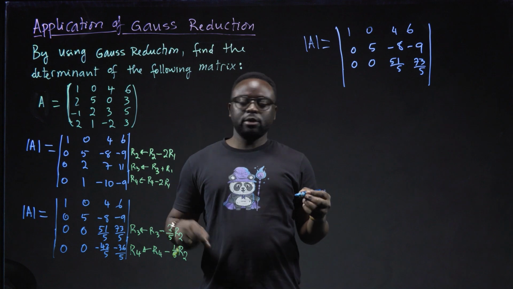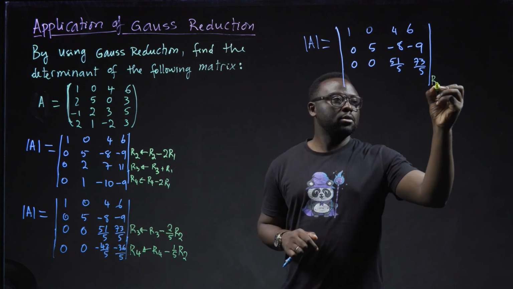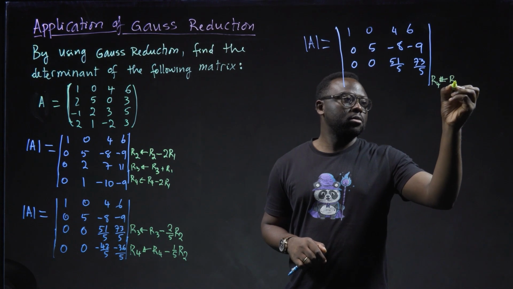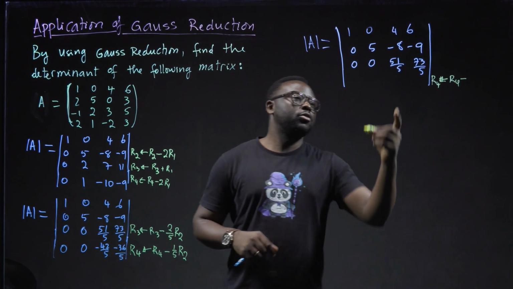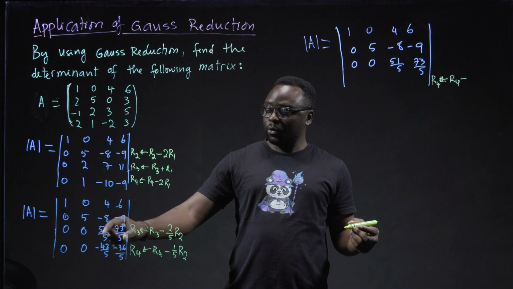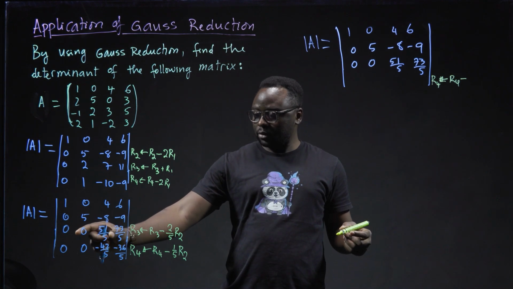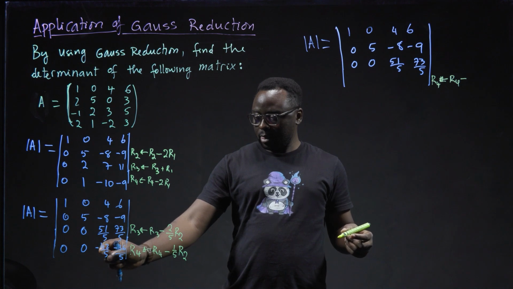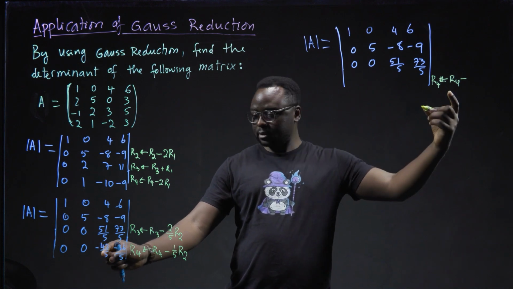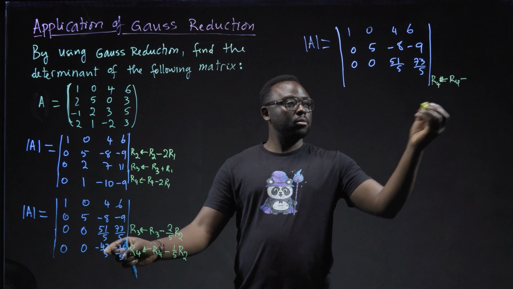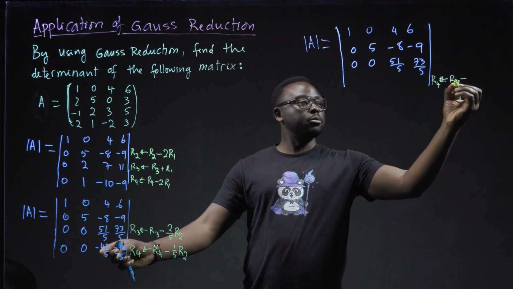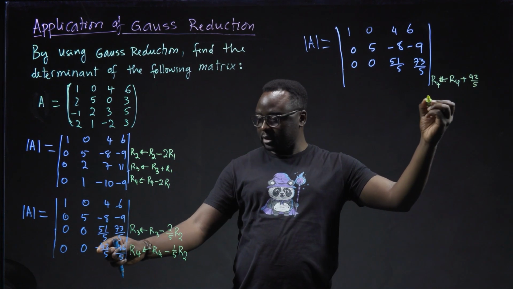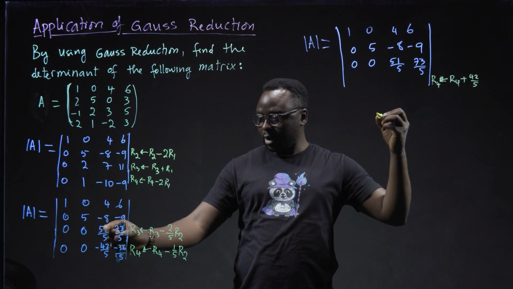Now, for this to become 0, we first have to fix the third row and then solve for this one. So this will be R4 minus, and minus times this minus becomes positive, so we have 42 over 5 divided by 51 over 5.